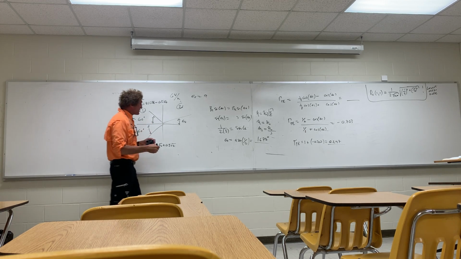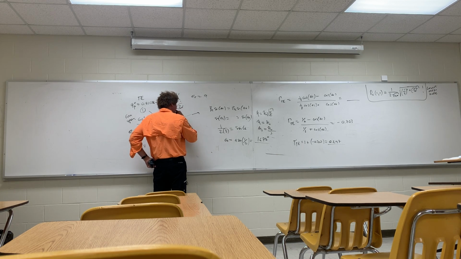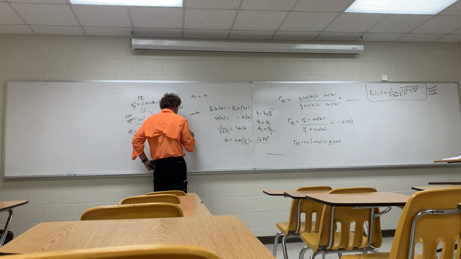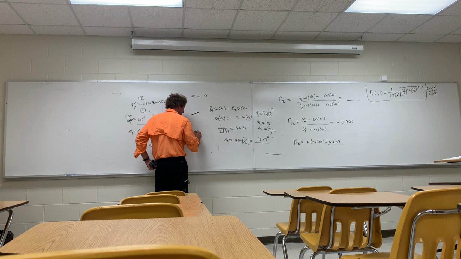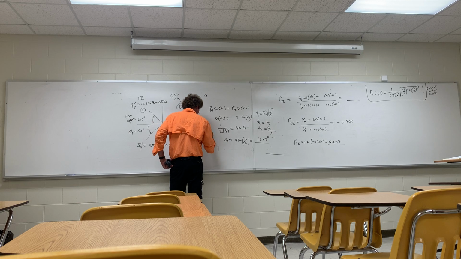All right, now the unit vector in the direction of propagation for the transmitted wave, if you think about it, is simply the sine of the transmission angle AX plus the cosine of the transmission angle AZ.